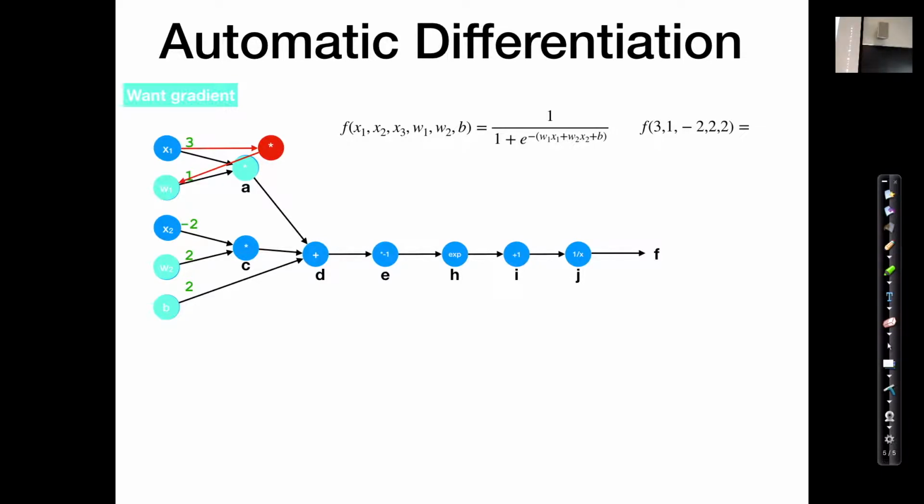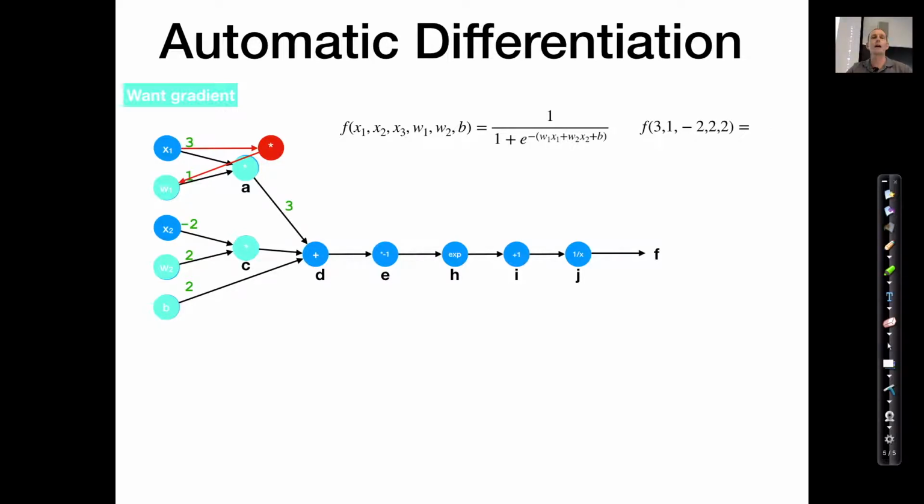But we know enough to know whatever it is, we'll multiply it by our derivative. And we know the derivative, because we know we're doing multiplication, and because x sub i is the other factor. Okay? So we're going to be creating this backward computation graph.